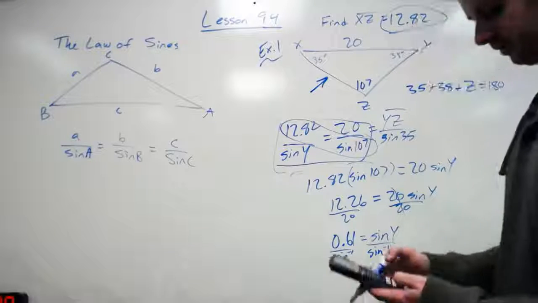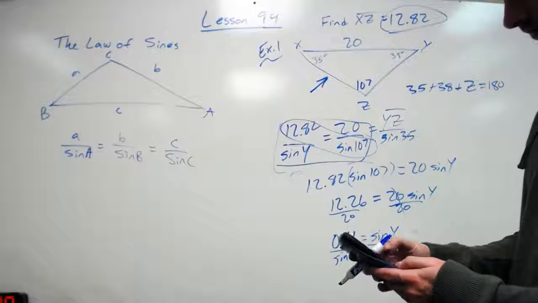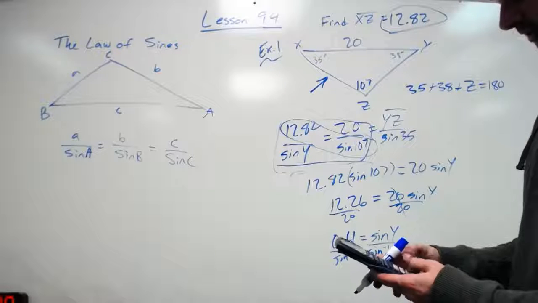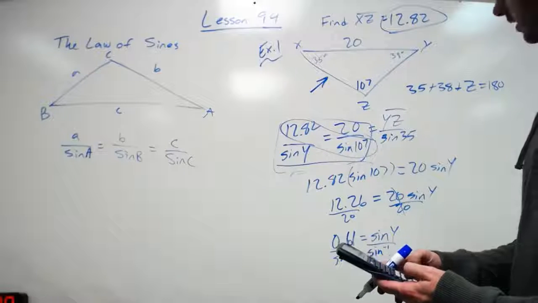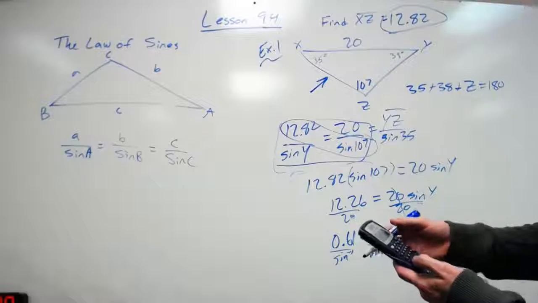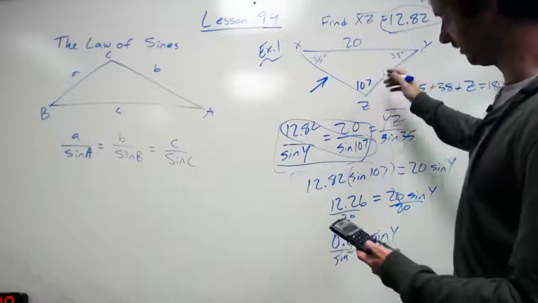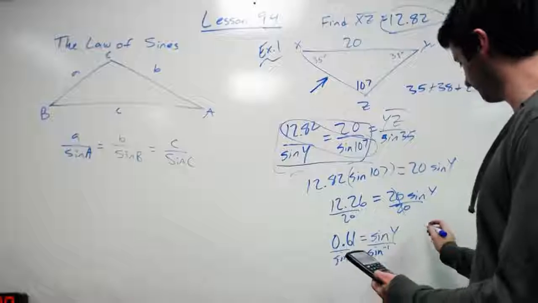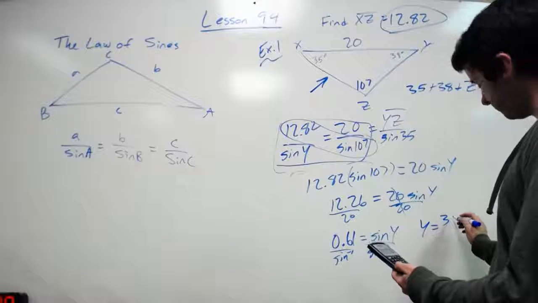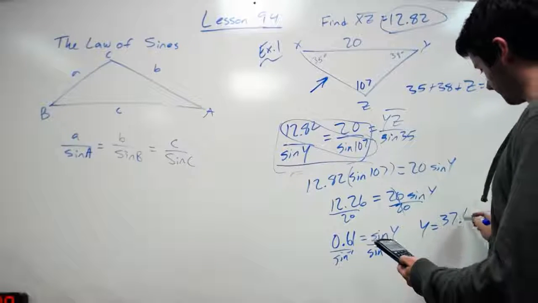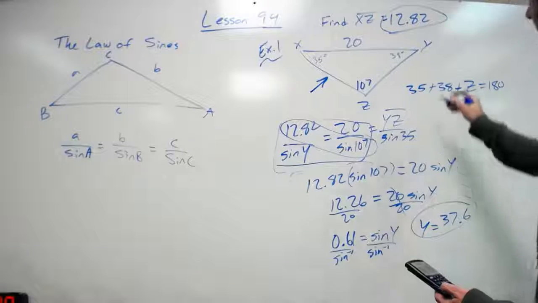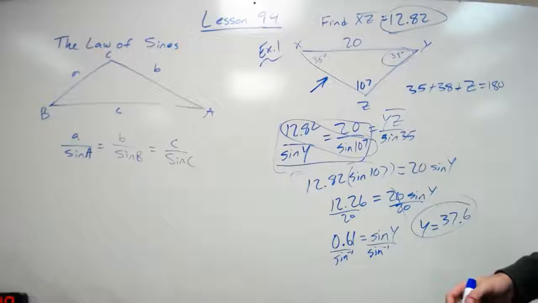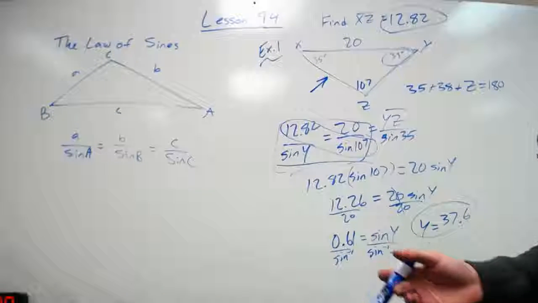The inverse sine of 0.61 comes out to roughly 37.6. Notice that is basically the same as the angle in the triangle. So you would just do the inverse and whatnot. But that is how you do the law of sines.